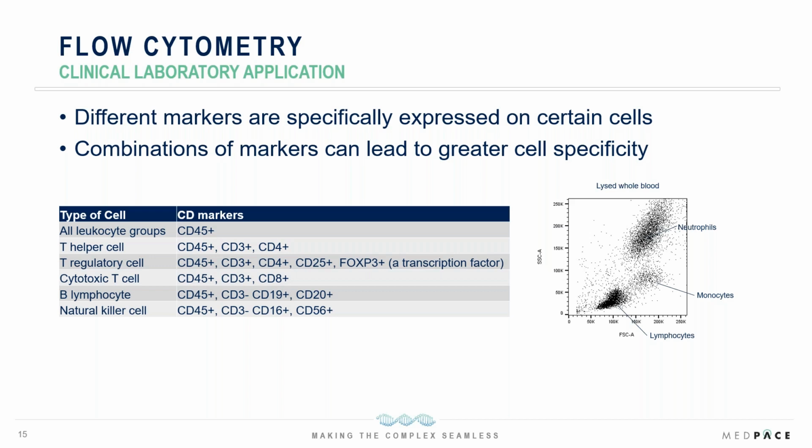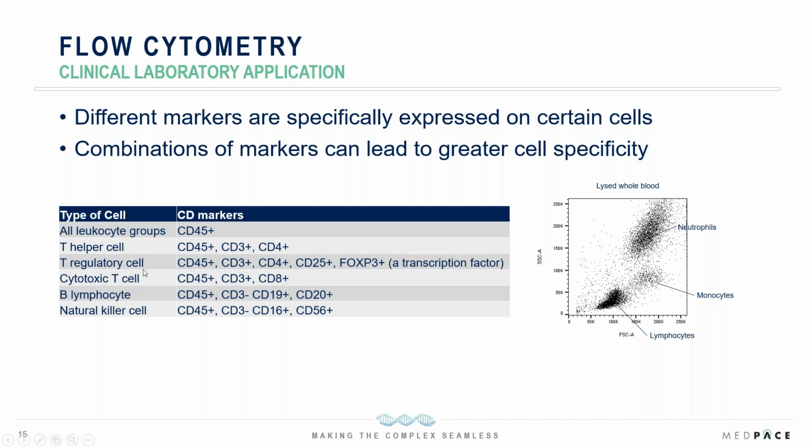And today, there are about 400 different commercially available antibodies. So you have an enormous power in combining antibodies to find the cell type of interest. With that, combinations of markers can lead to greater cell specificity.